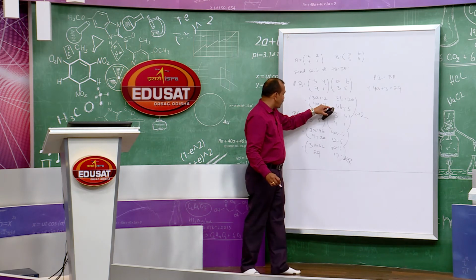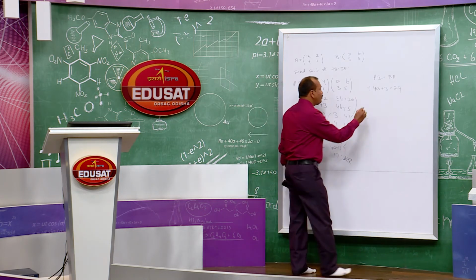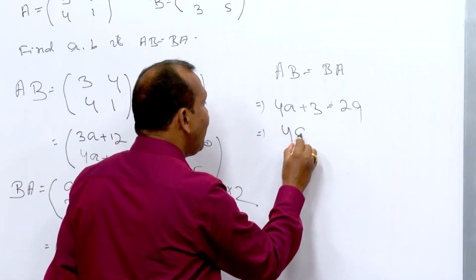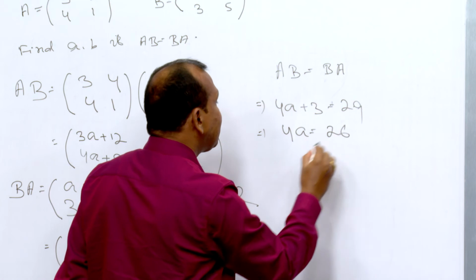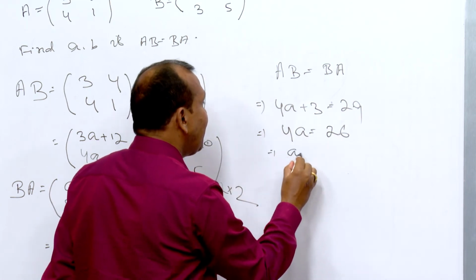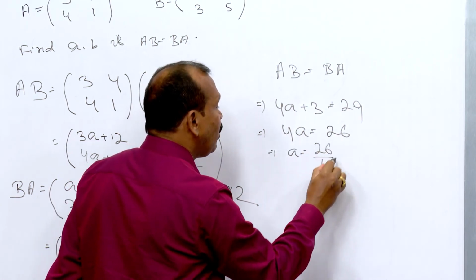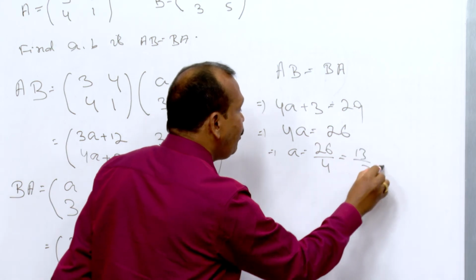Then 4a plus 3 is equal to 29. This implies that 4a is equal to 29 minus 3, which is 26. Then a is equal to 26 by 4, which is 13 by 2.